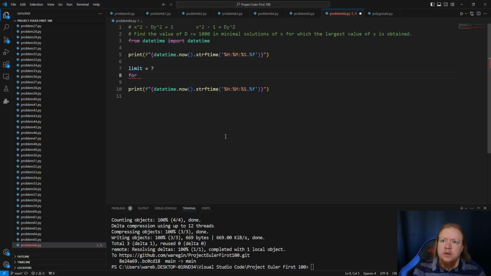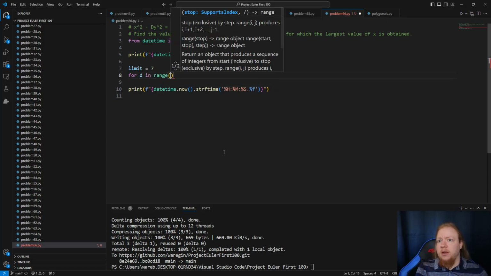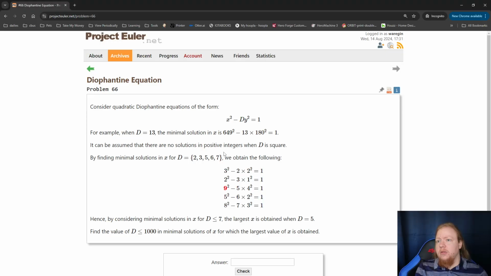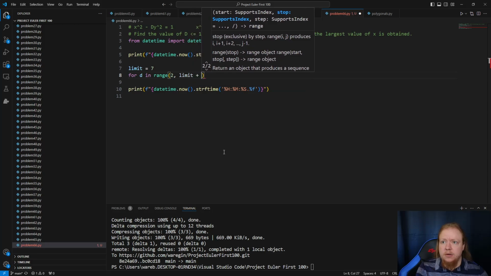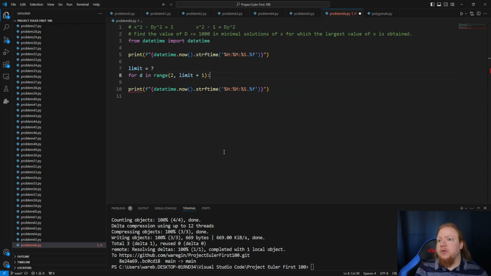Then I'm going to say for d in range, the smallest number this can be is 2, because 1 is technically a square, I think. And then plus 1.